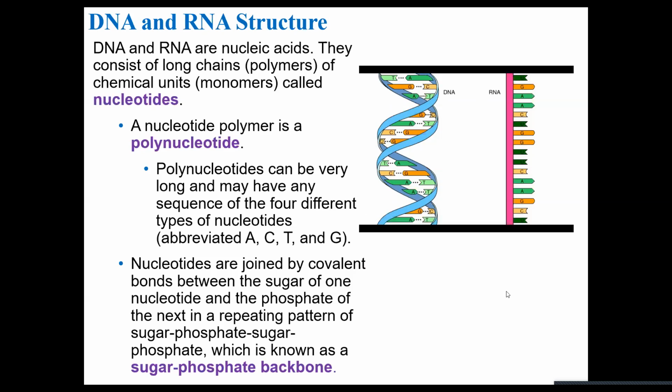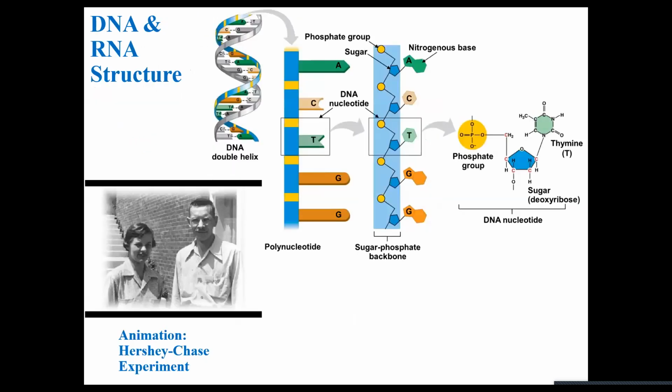That's the sugar phosphate backbone, which of course, if you haven't guessed, is sugar and phosphate. Now, chemically speaking, we know it's a sugar, and we know which type of sugar it is, right? Because it's deoxyribose. So deoxyribose is the sugar, and the phosphate is in there as well.